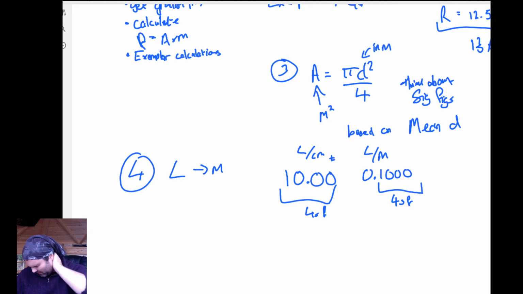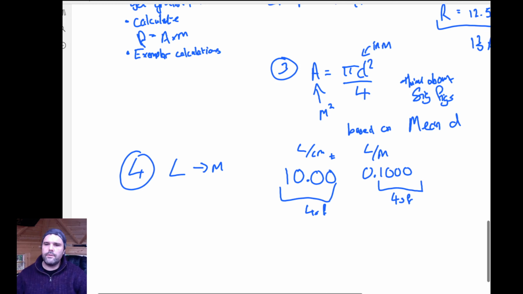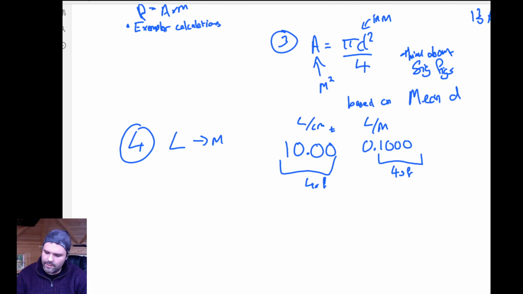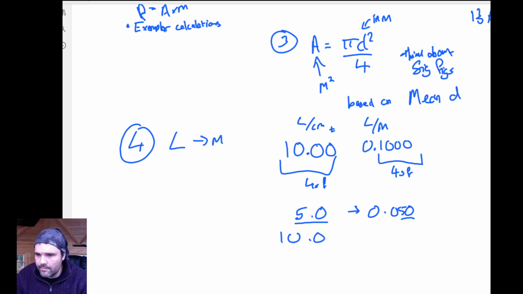I don't think this should have happened to anybody, but if the number of significant figures were to change halfway down a table, let's say your first length was 5 centimetres, so you might have 5.0, well that would become 0.050. That's actually 2 sig figs as well. The next one might be 10.0, and that becomes 0.100.